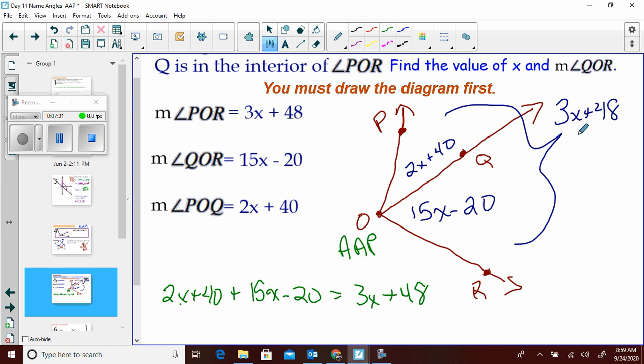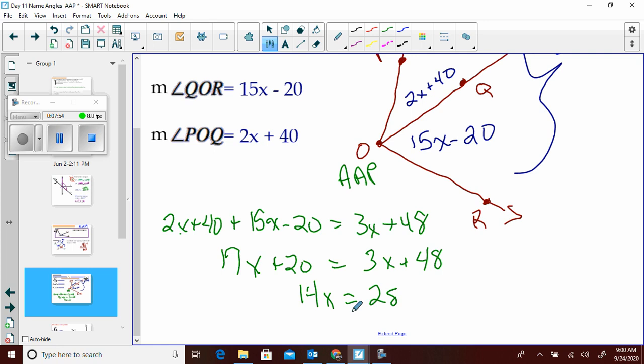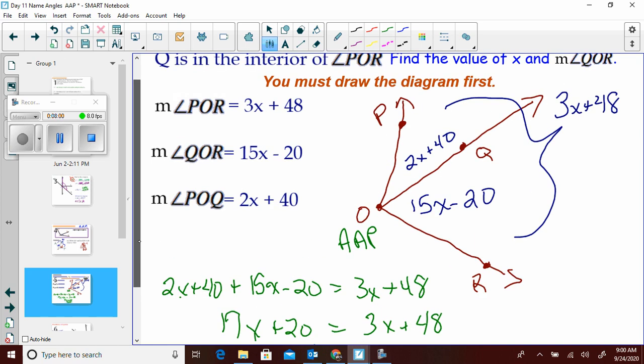Or, if you want to think of it like this, the larger angle is equal to the sum of its two parts. Now I'm just going to solve a regular equation. I have 17x plus 20 is 3x plus 48. I'm going to bring the 3 over to get 14x. I'm going to bring this 20 over to get 28. X is 2.